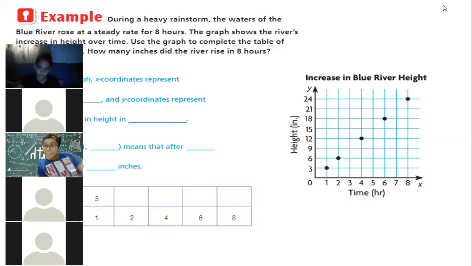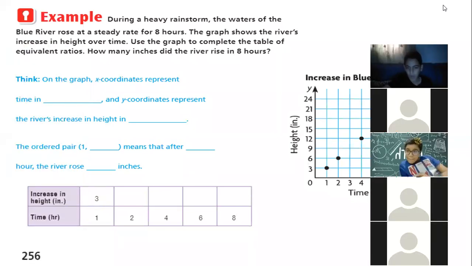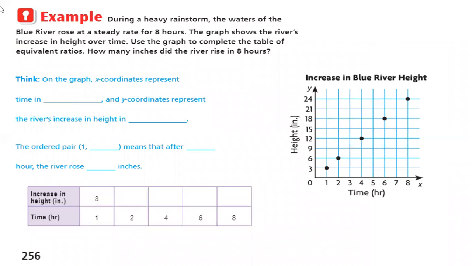When I say raise your voice, you will talk with a big voice. You will make your voices loud. When I say lower your voice, you will lower it step by step. The same thing goes for the river, Blue River.